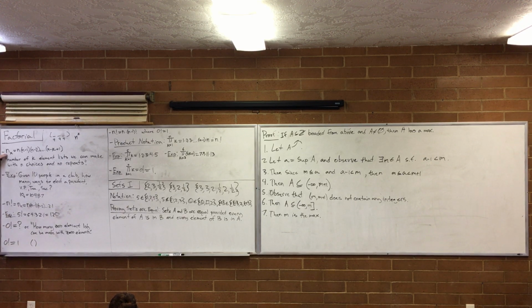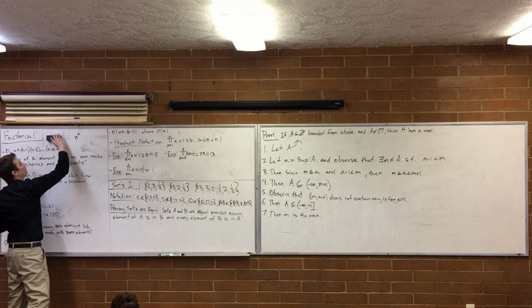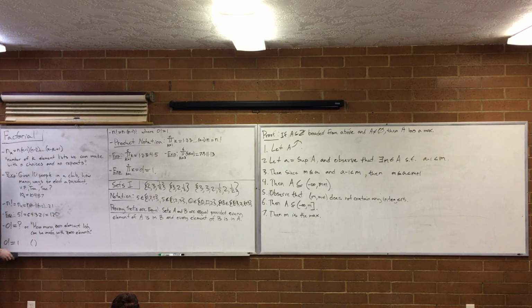And then we have this other notation, n sub k, which is the amount of k element lists you can make when you have n items to choose from without repeats. You remember that? The example we did for that was something along the lines of, we're given that 10 people are in a club. How many ways can we elect a president, a vice president, a treasurer, and a secretary from the club?